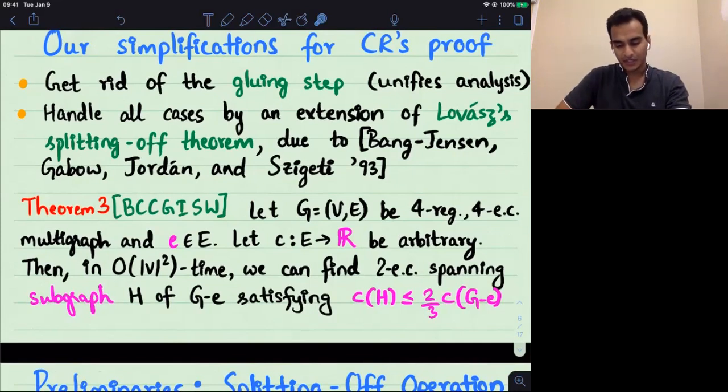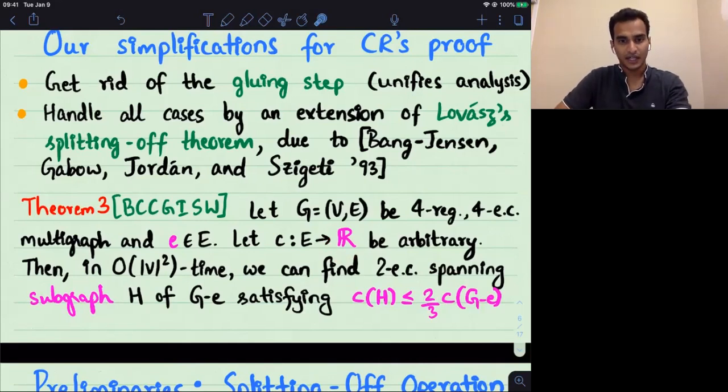Theorem 3 is due to us. What we show is that given a regular 4-edge connected multigraph G and an arbitrary edge E and arbitrary edge costs C, observe that we allow the cost to also be negative.